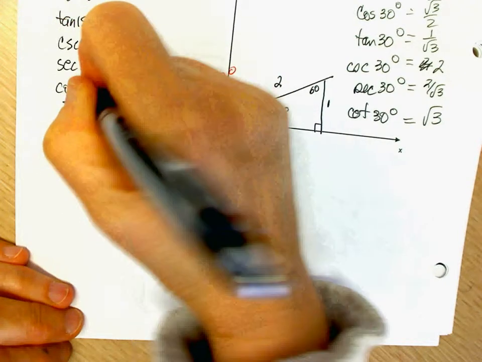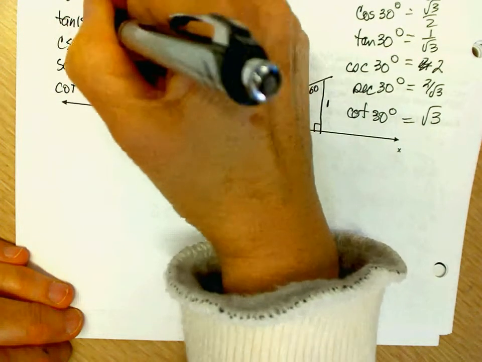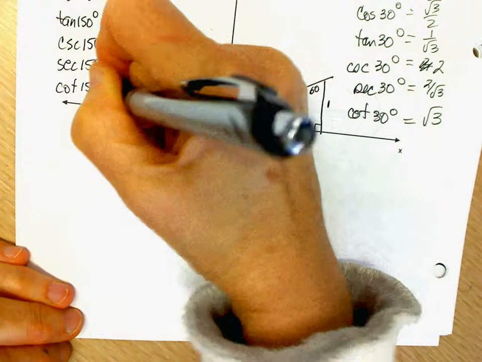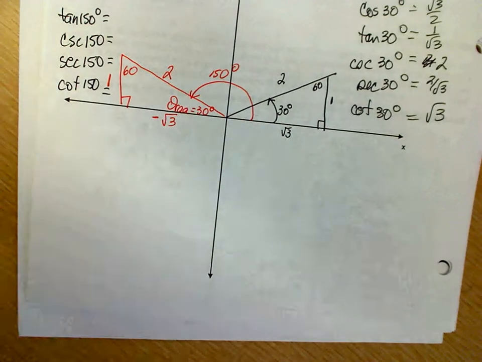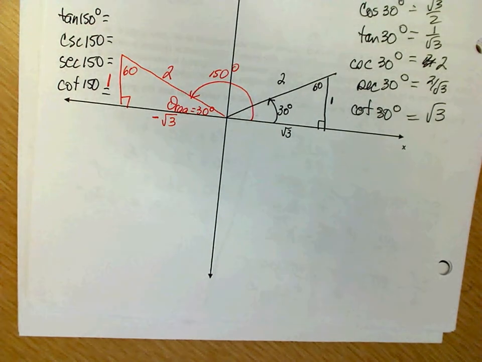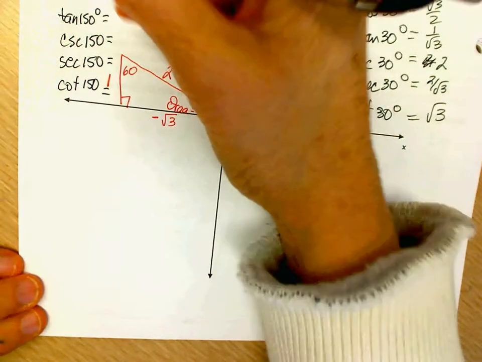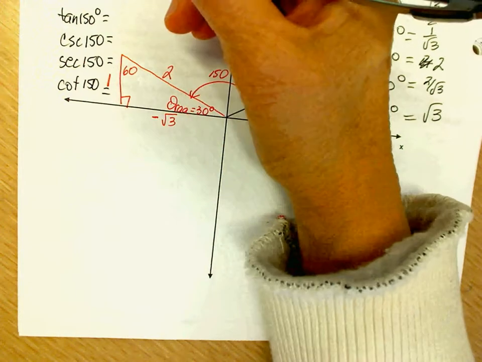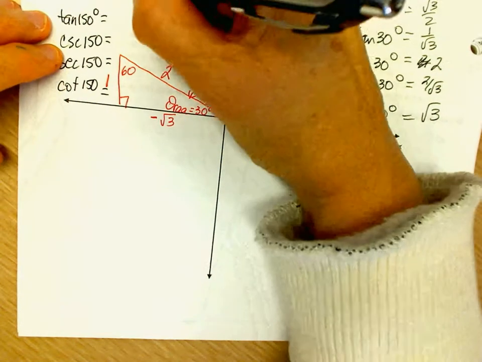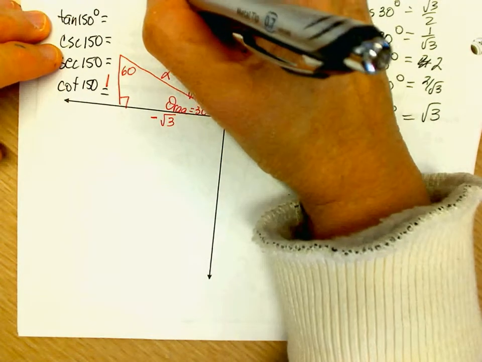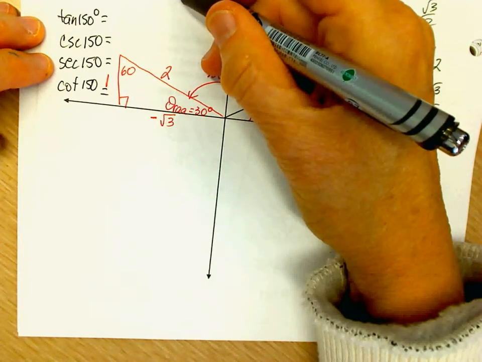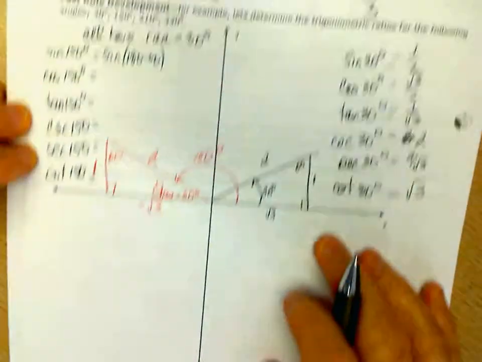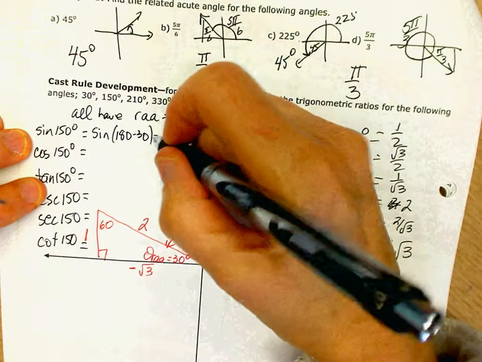Now, we are going to write it as a function of its related acute angle. Do you agree that sine of 150 equals sine of 180 minus 30, emphasizing the related acute angle? And that equals sine of 30 degrees.